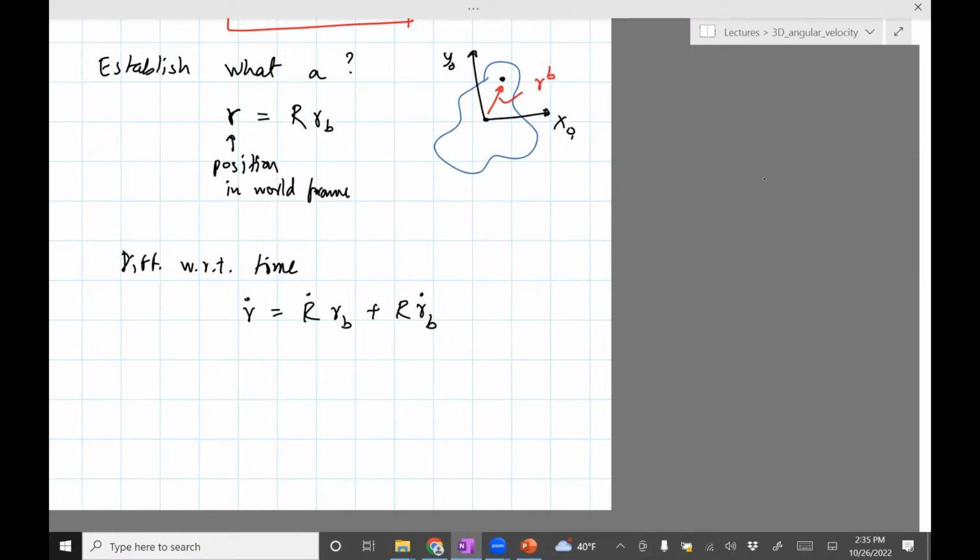Now rB is the position of the point in body frame, which means that as the object turns, that vector also turns with it. It's fixed with respect to the body, so it's not changing with respect to time, and I can put that equal to 0.